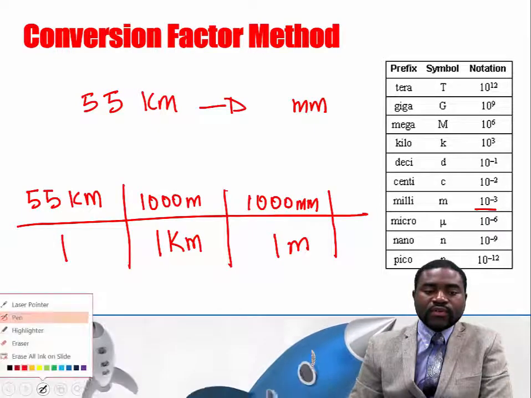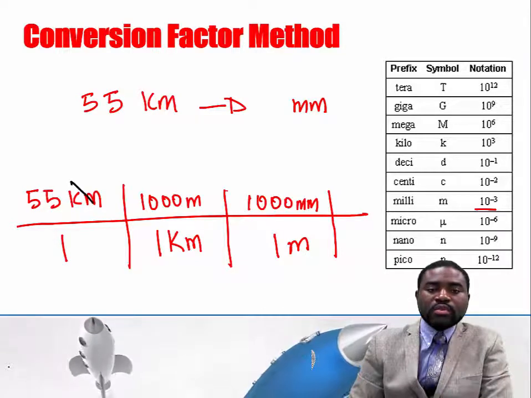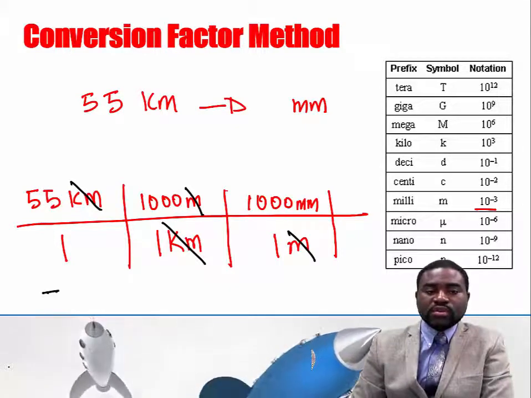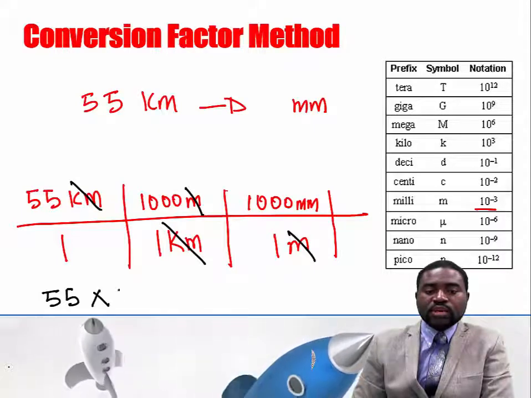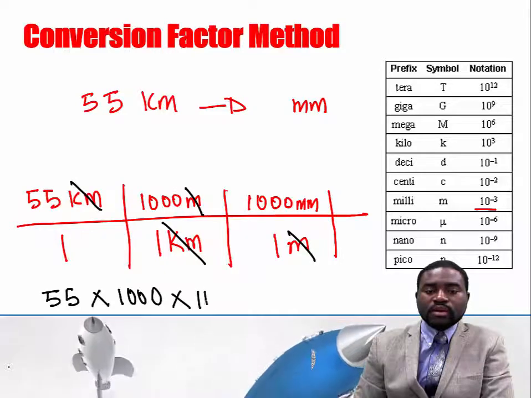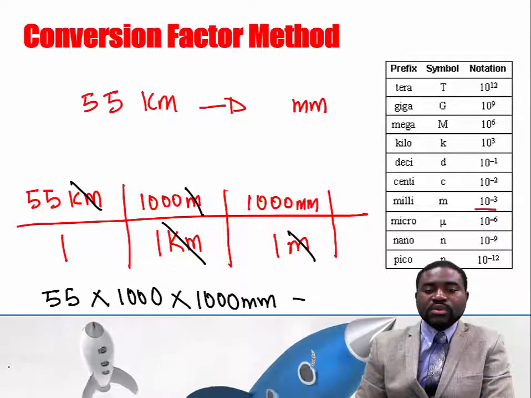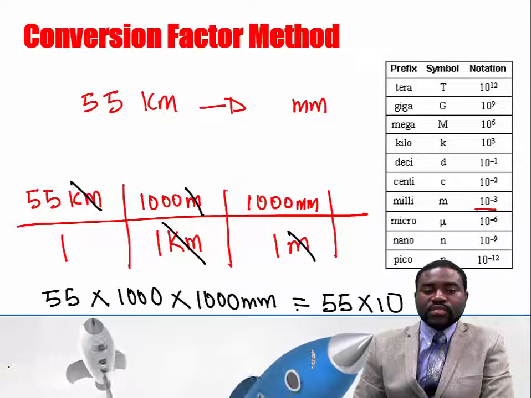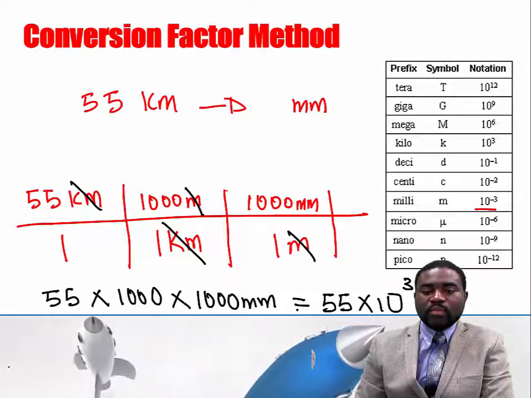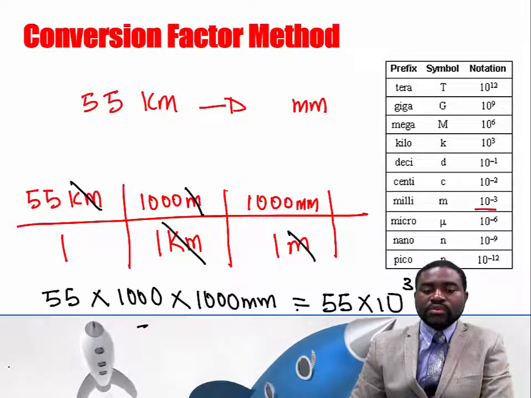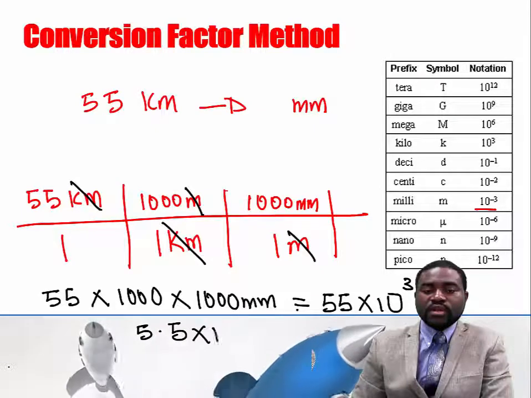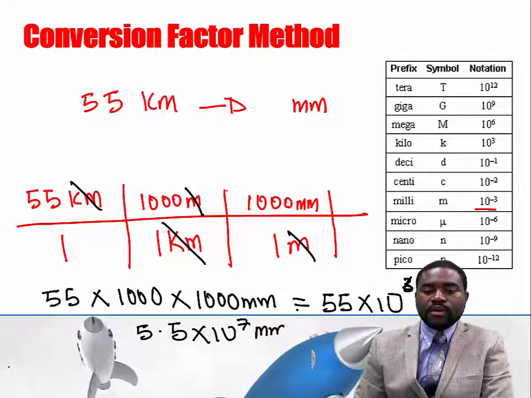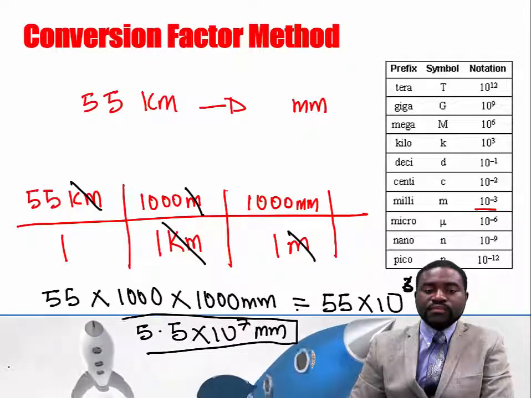So you realize that the kilometers will cancel each other, the meters will cancel each other, and your solution will be 55 multiplied by 1,000 multiplied by 1,000 millimeters, which is equal to 55 times 10 raised to the power 6 millimeters, which will be equal to 5.5 times 10 raised to the power 7 millimeters. And this is our solution.